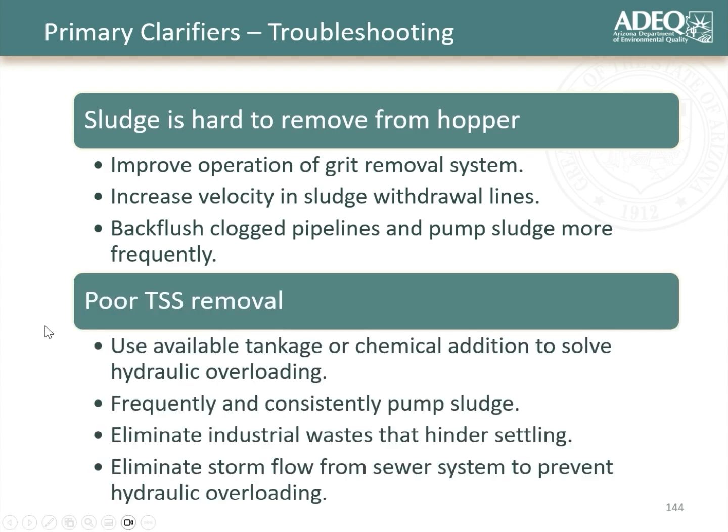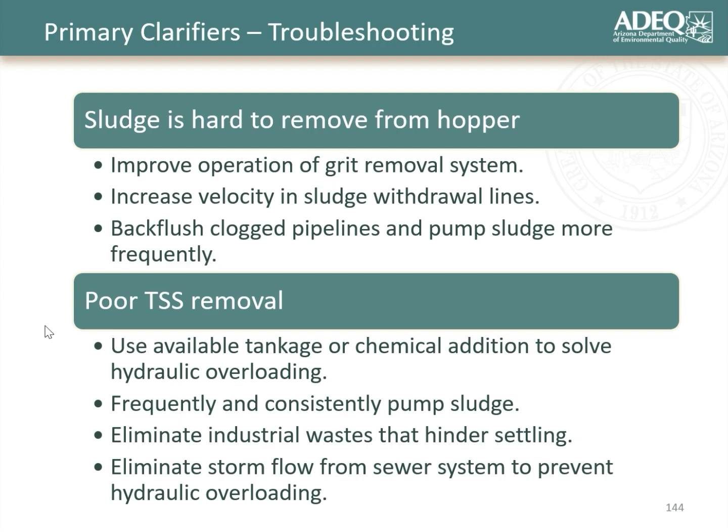If you're having some issues with TSS removal, one thing to consider is do you have the proper amount of tanks in operation? Maybe you need to potentially add additional tankage, or some chemical additions can be added to help improve TSS removal by adding in some ballasting material to improve floc settling in your clarifiers.